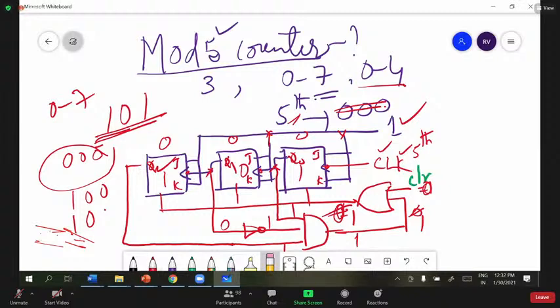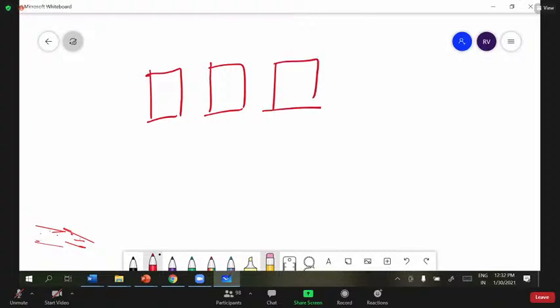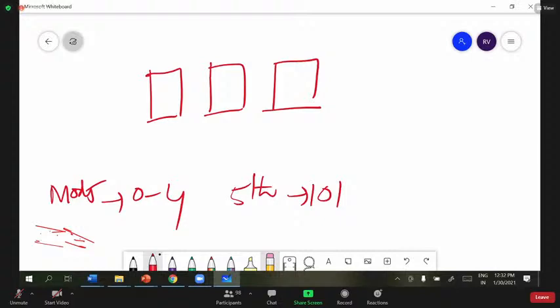Once again I draw this and I'll clearly explain to you. This is a mod 5 counter I am saying. Mod 5 means it should count from 0 to 4 only. Whenever the fifth clock pulse is there, you are getting 101.